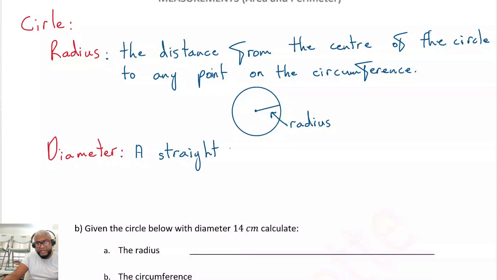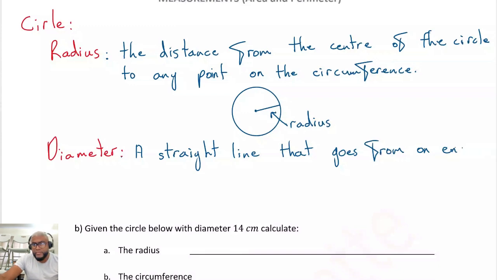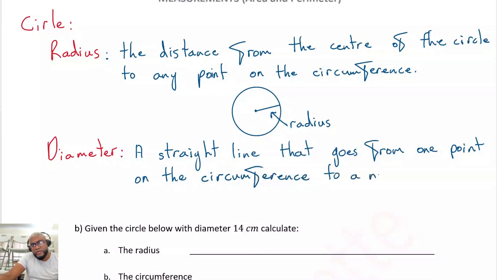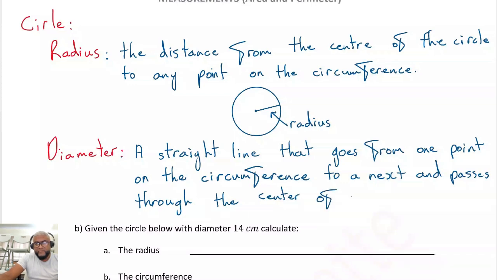So diameter is a straight line that goes from one point on the circumference to the next and passes through the center of the circle.